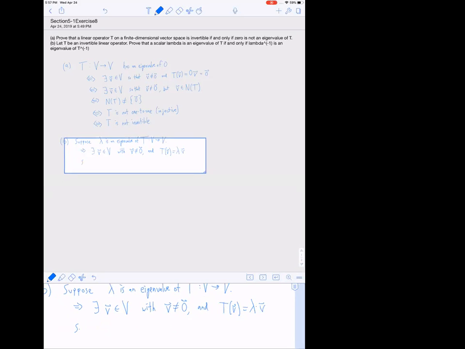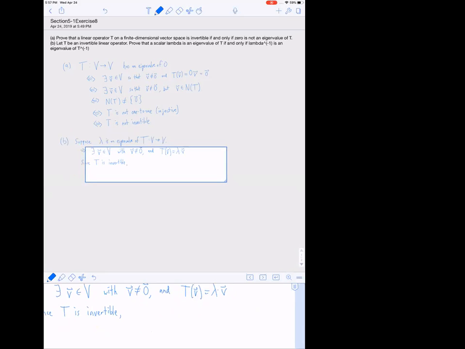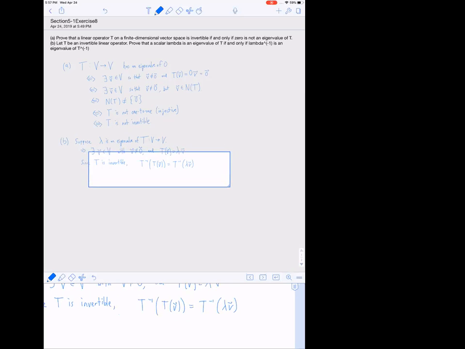Now, since T is invertible, we can apply T inverse to both sides of this equation. Well, on the left-hand side, T inverse of T should just leave us with the vector v.